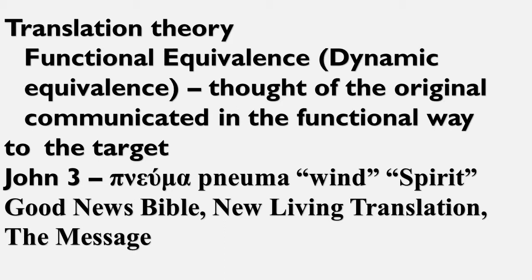But a non-native English speaker who doesn't know the variety of a word may not understand what we're saying. One theory of translation would be functional equivalence, which used to be called dynamic equivalence.